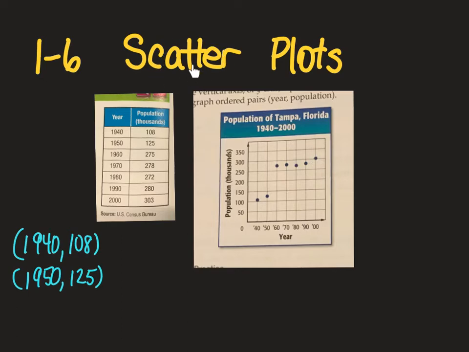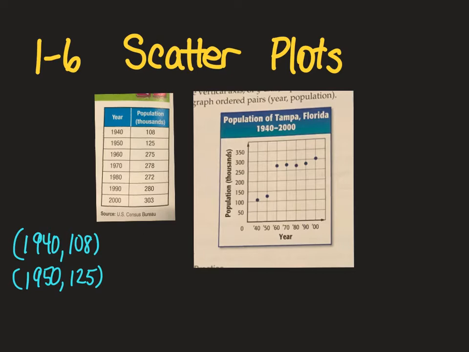They are scattered. So that's the name scatter plot. We don't connect them into a line graph because then our title would say line graphs. We have scattered dots. They're not connected to each other. They're just loosey-goosey. We have a table of values. We create a scatter plot.